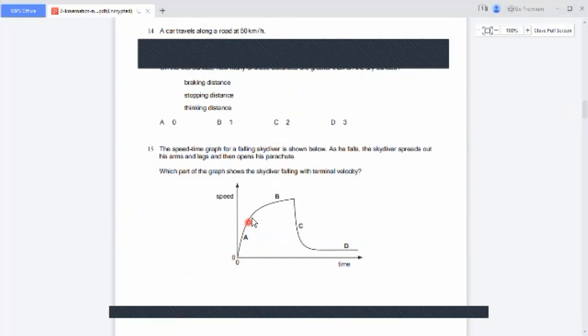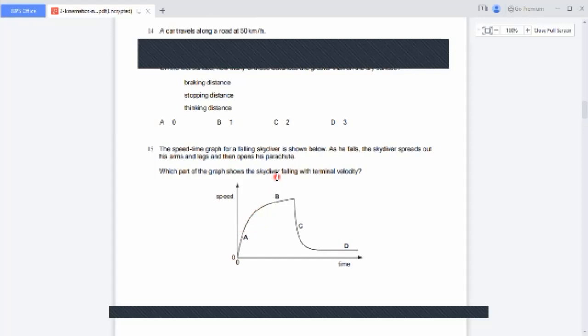Then the speed decreases here, because I think he spread out his arms and legs, so his surface area is increasing, resistance is increasing, so his speed is decreasing here.